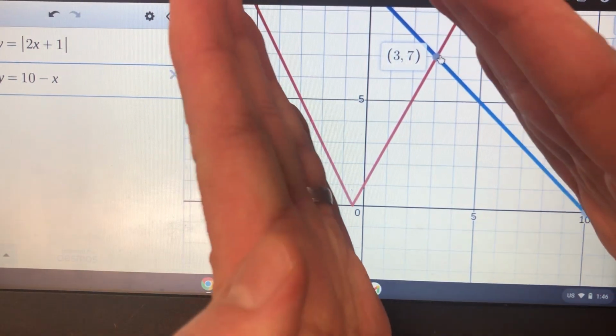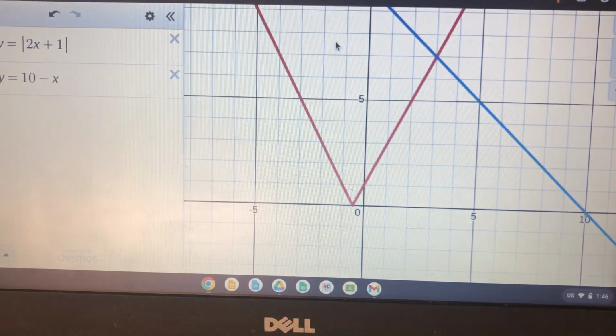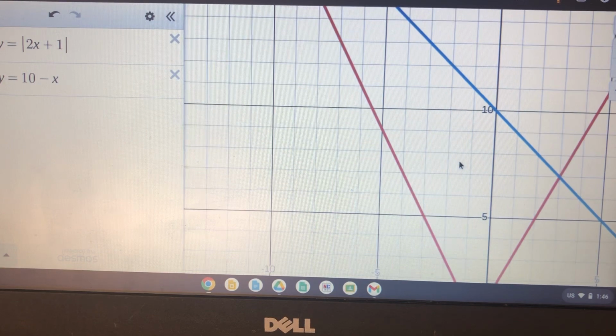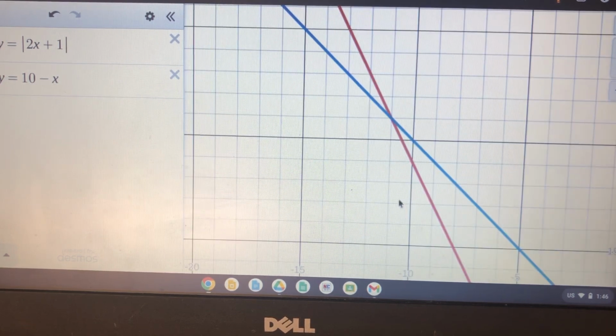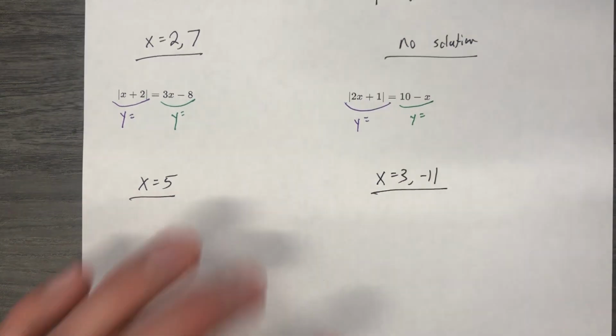These two, this piece and this piece, they kind of tilt towards each other. So there's another point of intersection up here. So 3 is one of the answers, but the other answer is there. So you have to know where to look. Negative 11. So 3 and negative 11. So x equals 3, x equals negative 11, in no particular order.